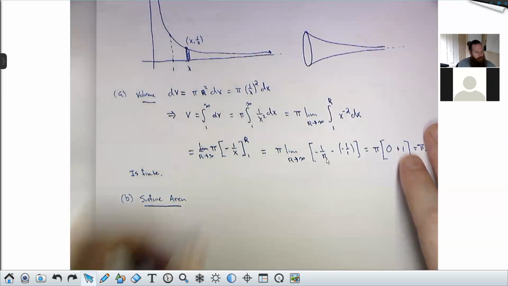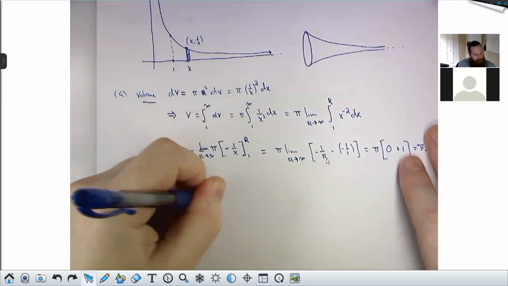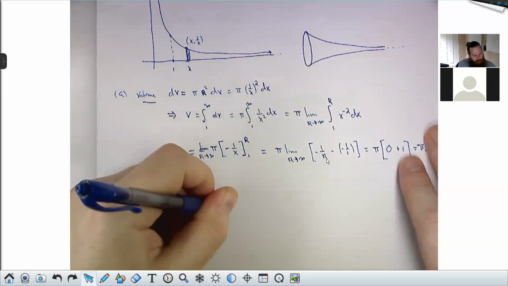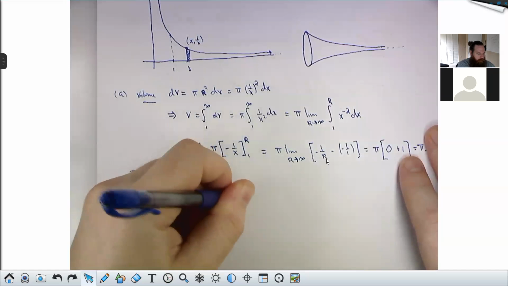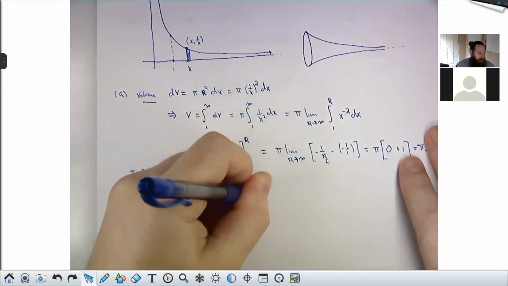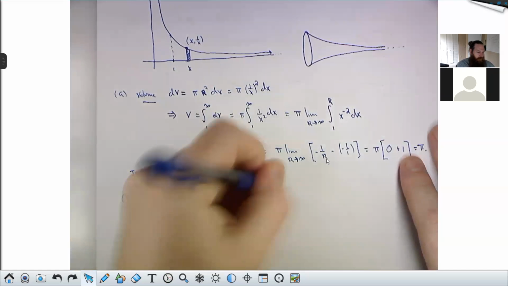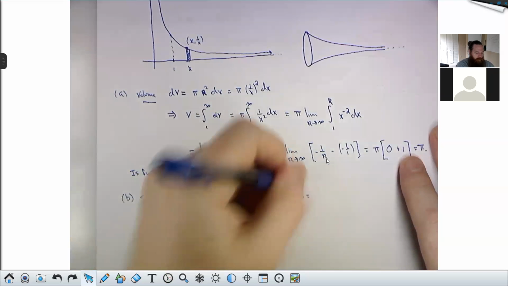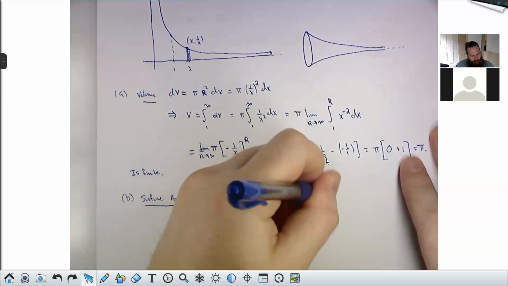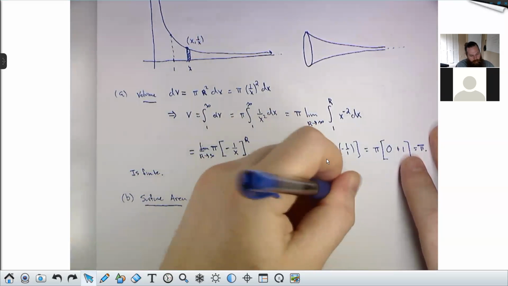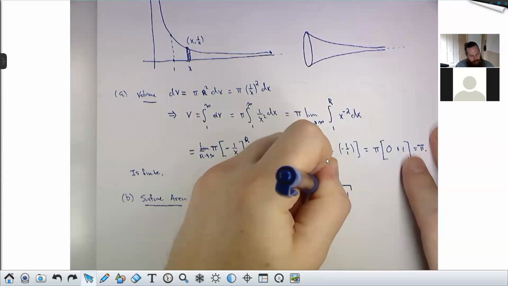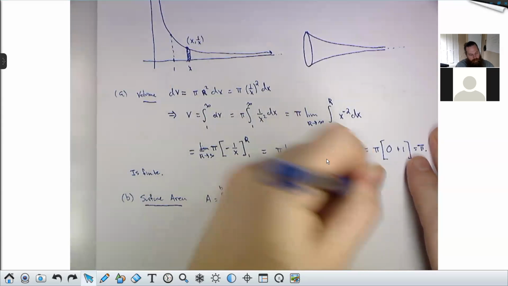Well, here, remember that the surface area is the integral from a to b, 2 pi f of x times ds, where ds is the square root of f primed squared plus 1 times dx.